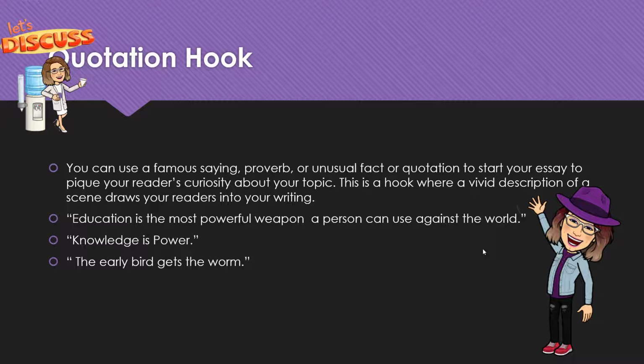So if you start your essay with something like a proverb, like childhood is the foundation of your adulthood, then you have to read the rest of the essay to find out what the author means by that quotation. So that hooks your reader into your essay by using that proverb or unusual fact.